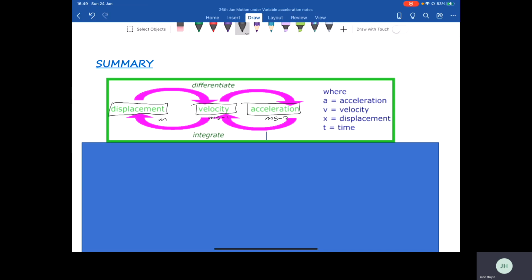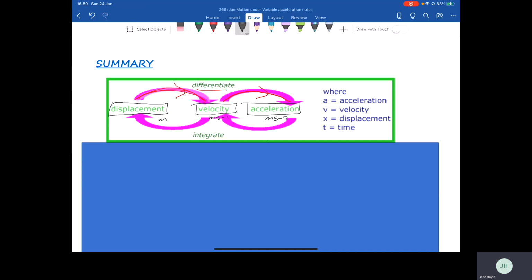So obviously think of them in that sequence. To go from displacement to velocity, so to go from there to there, we differentiate. Similarly, to go from velocity to acceleration, we differentiate.